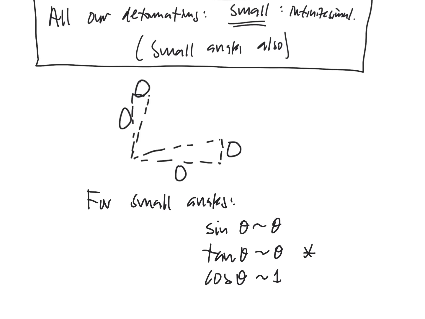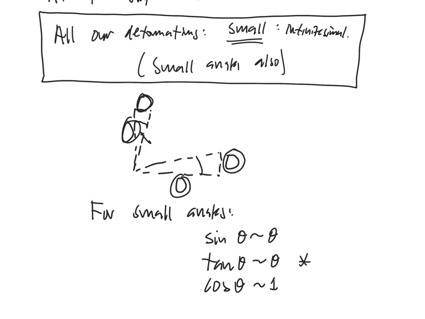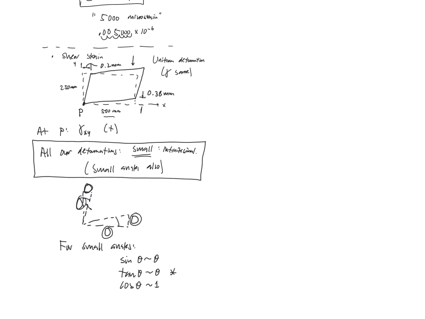So what we would like is change in angle. That's this plus this. So that would be the tangent, pardon me, is going to be this over this. And then the tangent of this angle is going to be this over this. But since tangent is theta, we can just add those two.